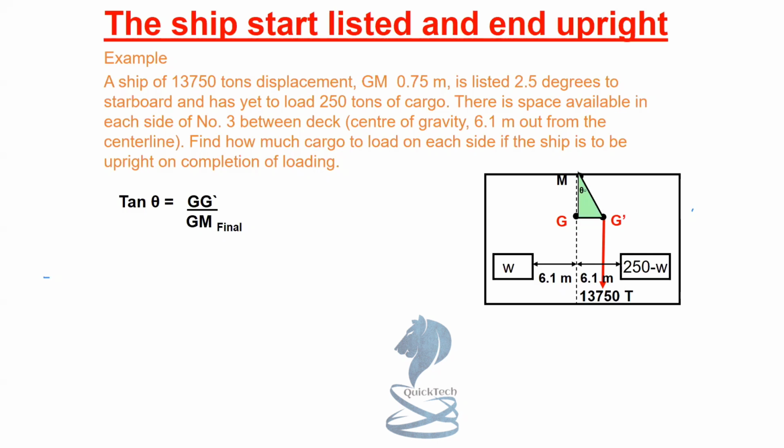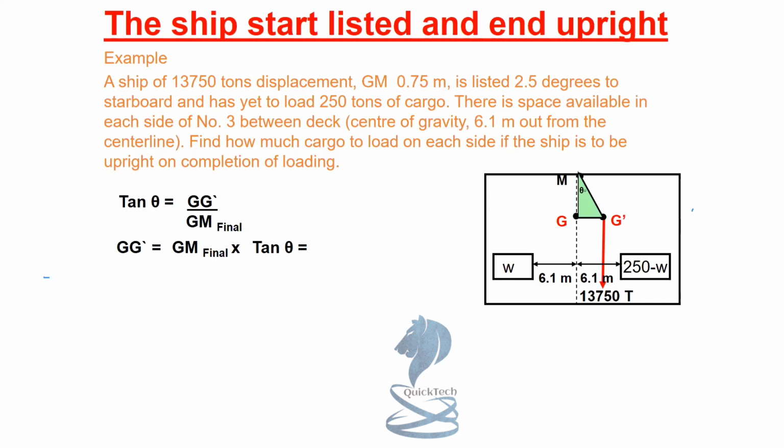Now as we have seen earlier, tan theta is equal to GG dash divided by GM final, that is, tan of list, degree of list, is equal to GG dash divided by GM final. Hence GG dash is equal to tan theta into GM final.